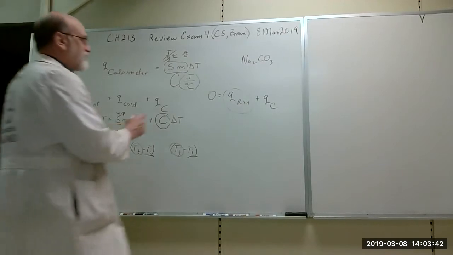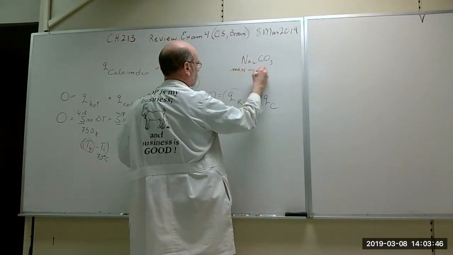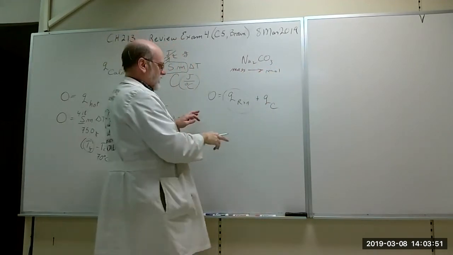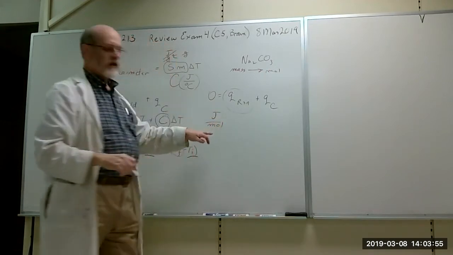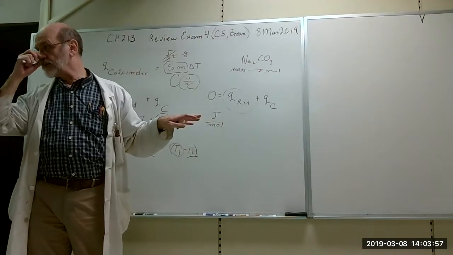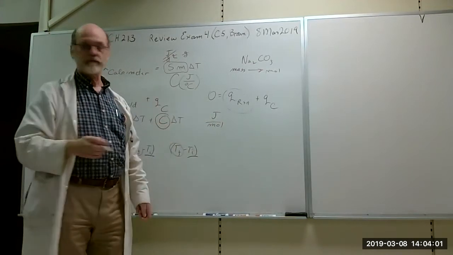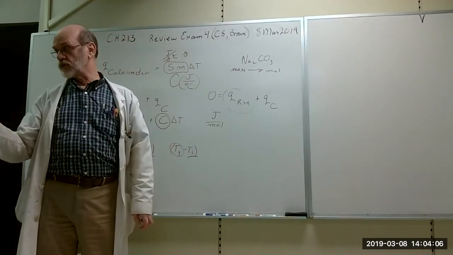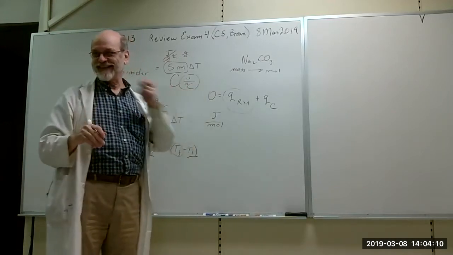So you're going to have to take the mass here and convert it to moles so that you can calculate joules per mole. And once you have joules per mole, you can compare it to the value that's given at the back of your table. See how close you are to it. Actually, the value there is in kilojoules per mole, isn't it? Okay. So you got to be sure that your units agree.